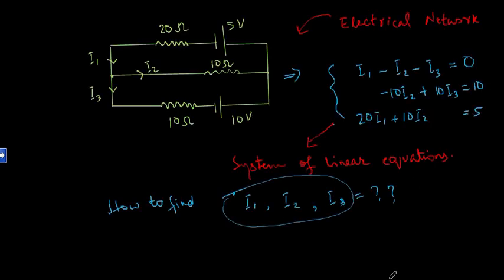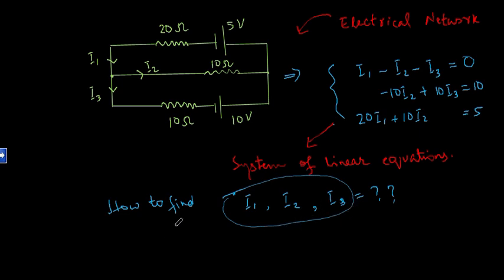But besides this, there are also some situations where physical quantities form a system of similar equations, especially linear equations in which the quantities are related in a similar form. For example, in the electrical network shown in the diagram, if you apply Kirchhoff's law, you will get equations in the form of a system of linear equations: I1 minus I2 minus I3 equals 0, minus 10 times I2 plus I3 equals 10, and 20 times I1 plus 10 I2 equals 5, where I1, I2, I3 are the currents in the circuit.